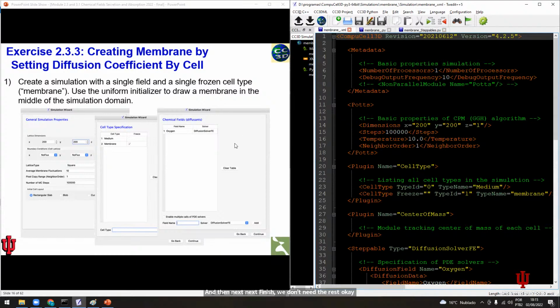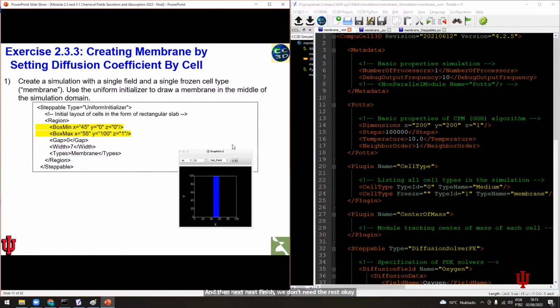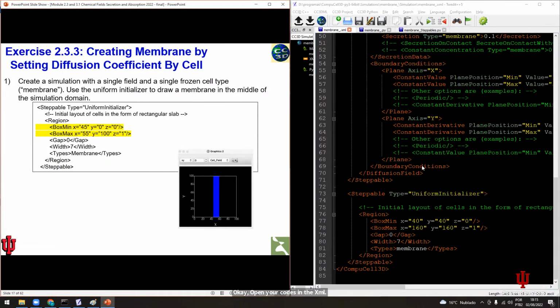Okay, open your code in the XML. Then go to the uniform initializer, and there we are gonna set our membrane. So add it in line 73, uniform initializer, okay?